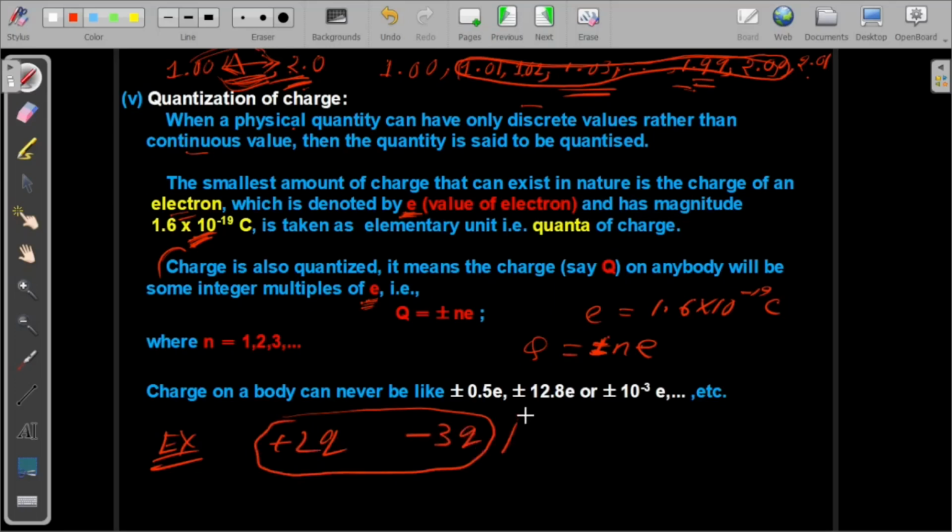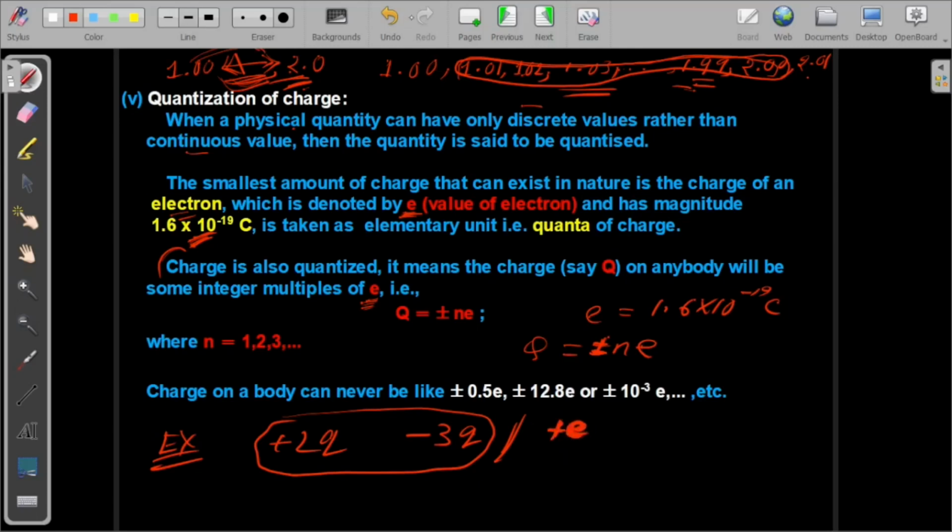Now in this case you can take it like this also: 2 positive charges, and one positive charge means the charge of a proton. The charge of a proton is positive, and its value is equal to the value of the charge of an electron. Just the signs are opposite.